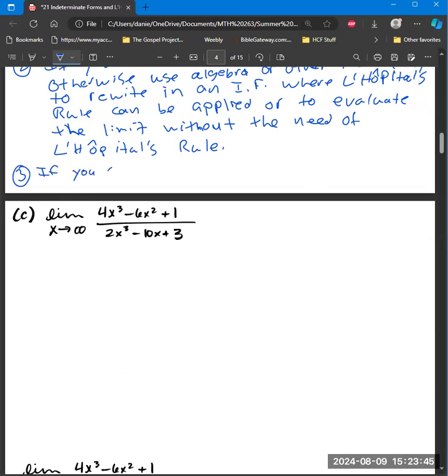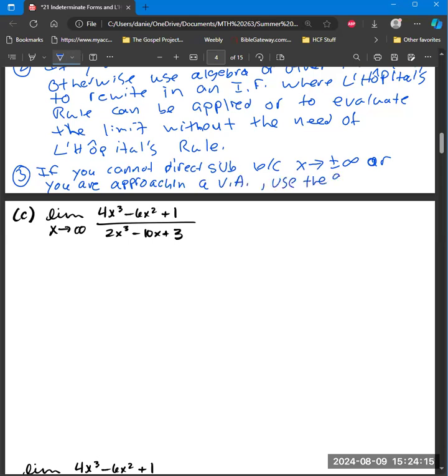If you cannot direct sub because x is approaching plus or minus infinity, or you are approaching a vertical asymptote, use the graph to help verify the indeterminate form, verify whether you're going to plus or minus infinity, you're going to 0, you're going to something else.